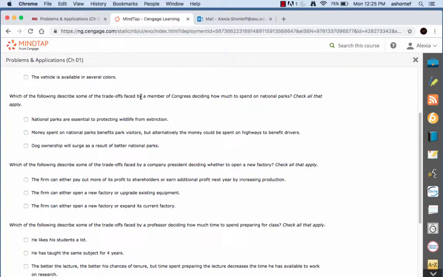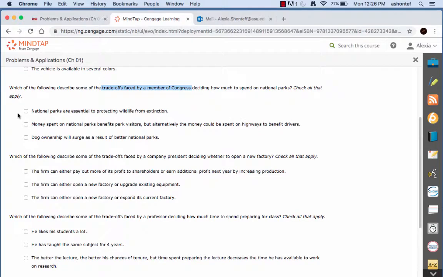So this is trade-offs faced. So it says right here, I'm going to highlight it. Trade-offs faced by a member of Congress. So when you're answering this, you want to be picking things that would be a trade-off from the congressperson's perspective.